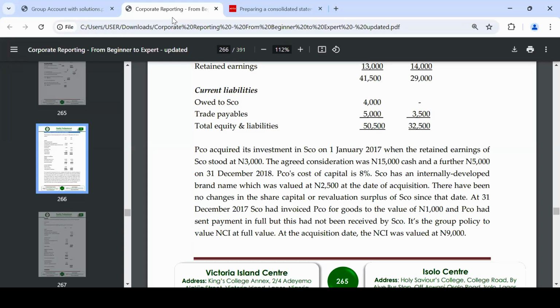So since ESCO is the seller, we are going to debit, that's like reduce the value of the goods from ESCO's profits, and also debit PICO. So I don't know, sir. Kelvin, you've tried.